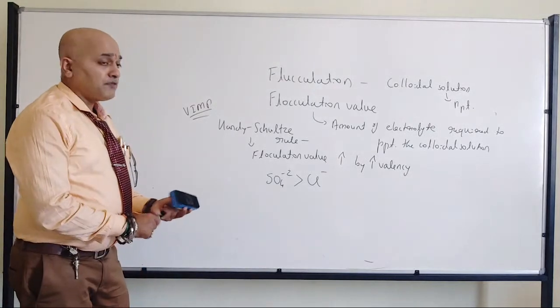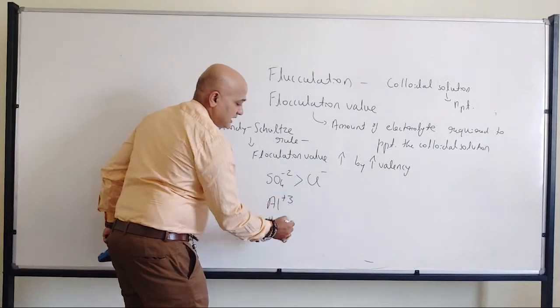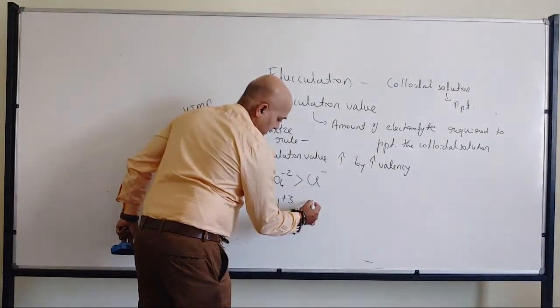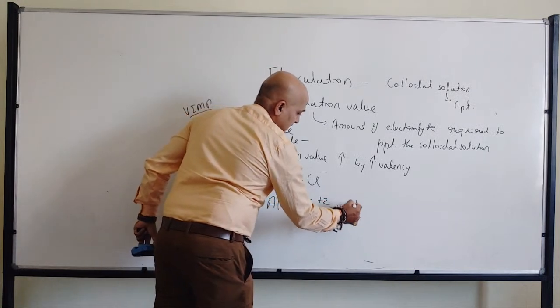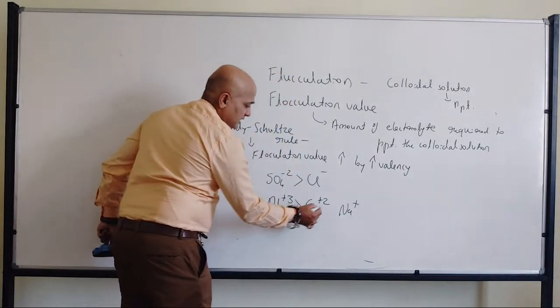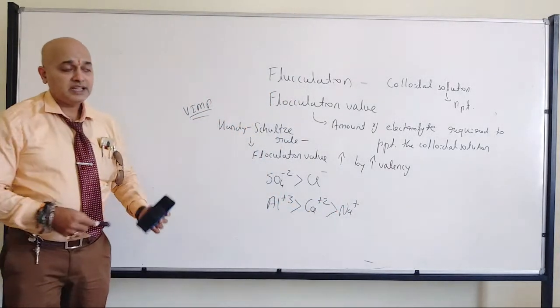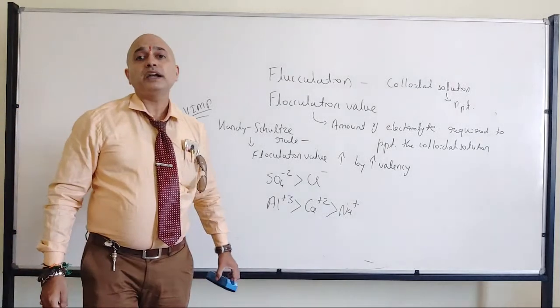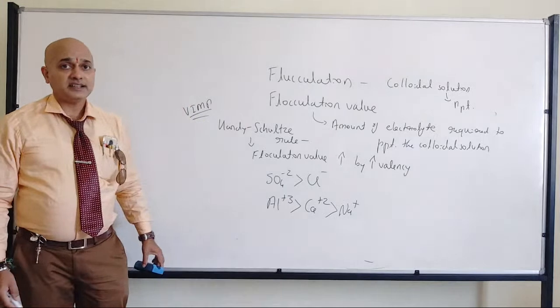In the same way, if I compare aluminium +3 with calcium +2 and then with Na+, aluminium ion is more efficient than calcium, and calcium is more efficient than Na+.